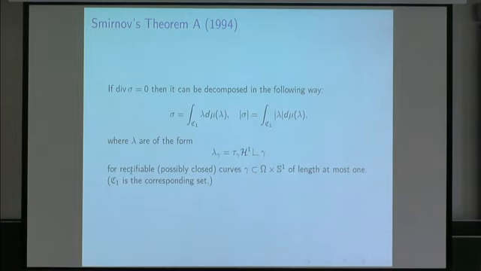So you integrate, let's say, on all the rectifiable curves, you have a measure on this curve, and sigma is a superposition of these line measures. And the representation is convex or exact or tight in the sense that the mass of sigma is also the average of the mass of these measures. So the length, if you want.